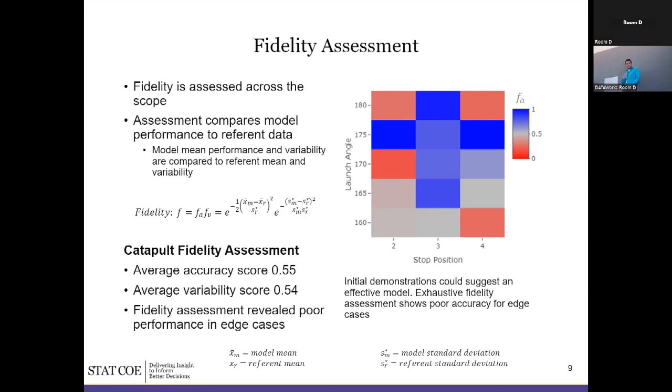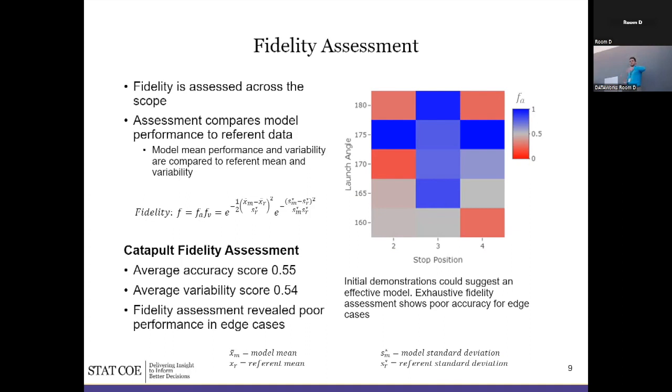For our specific catapult example, we get an accuracy score of 0.55 and a variability of 0.54. Now these are on a 0 to 1 scale. Looking over here at our heat map, this is just showing the accuracy calculations. It gives us an understanding of why. Here in the central areas, in our most normal operating conditions, we have very good fidelity. It would be easy to do some demonstrative tests and think that our model's spot on.